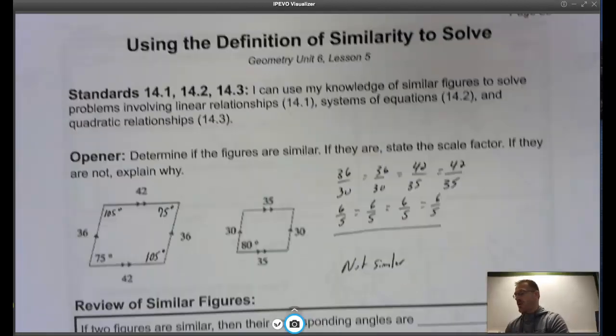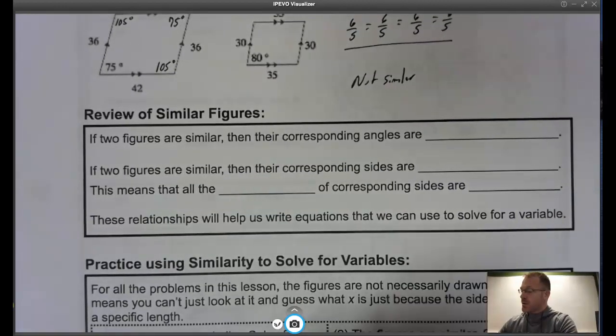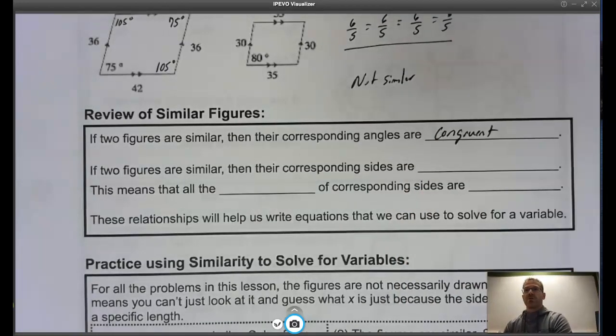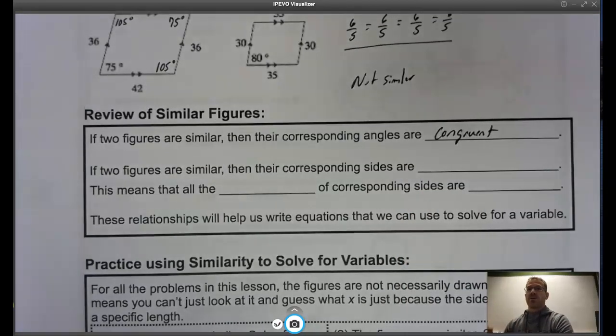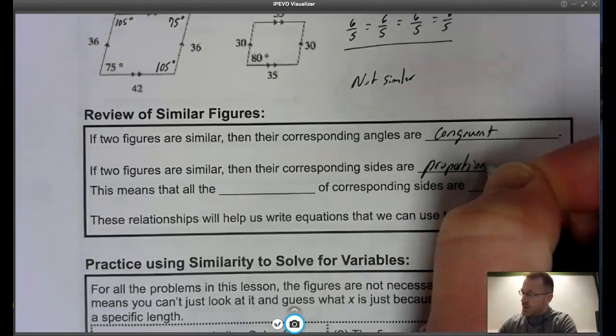So now if we go back down, if two figures are similar, the corresponding angles are congruent. Then you have to make sure that that is true. If two figures are similar, the corresponding sides are proportional, just like we said above.